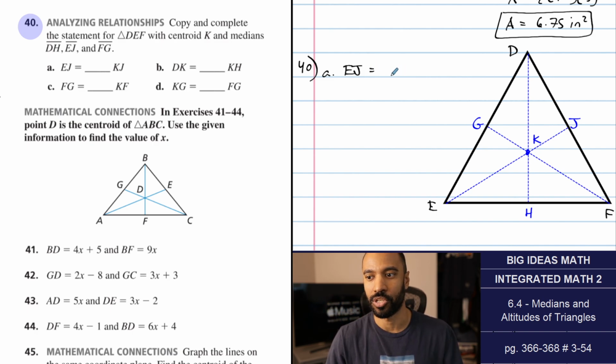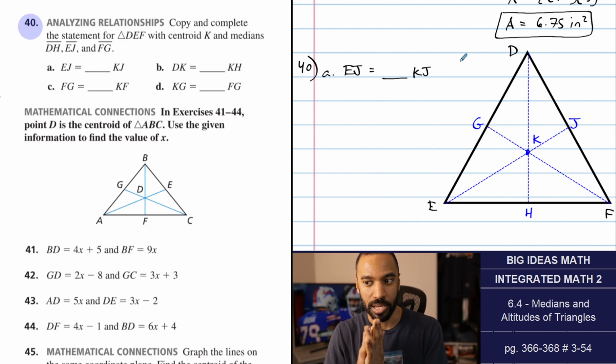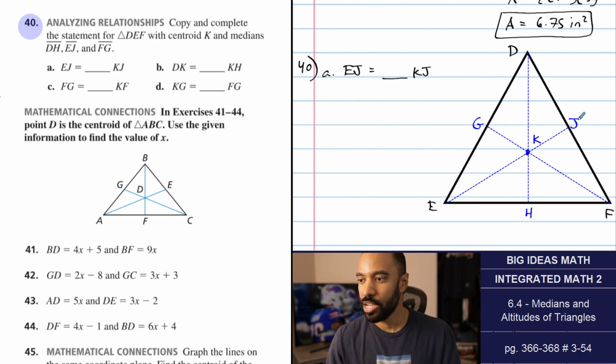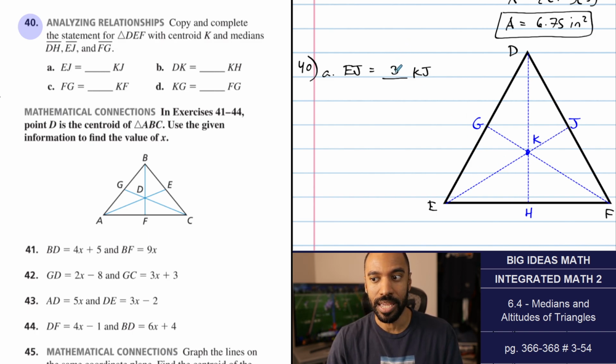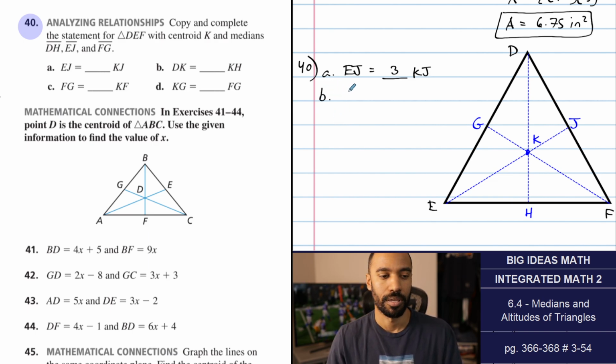They're trying to ask you what's the ratio relationship, how many times bigger or smaller is one to the other. EJ to KJ. EJ is the entire thing. KJ is going to be a smaller portion of it. KJ is 1/3 of EJ. Therefore, 3 KJs makes 1 EJ. That's part A.